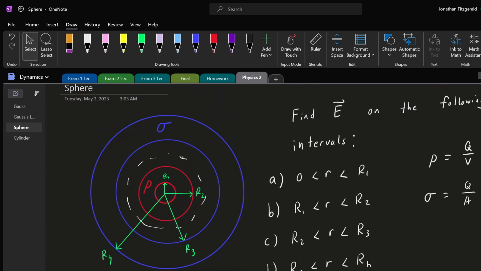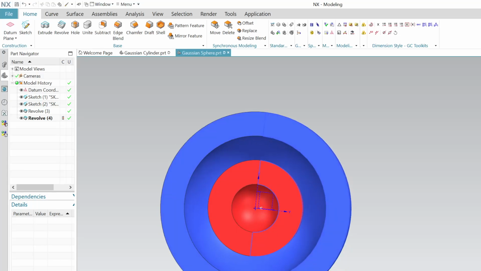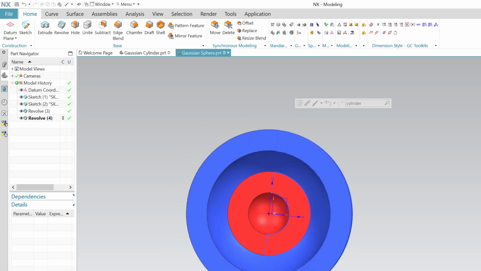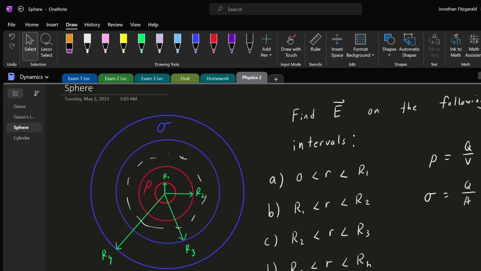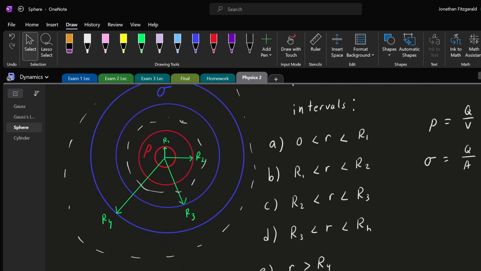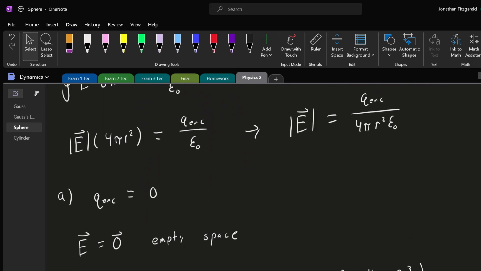Now, if we look at this sphere, same thing. When R is bigger than R4, we would now be enclosing our entire thing with the Gaussian sphere. So you can just say, what is the charge enclosed?